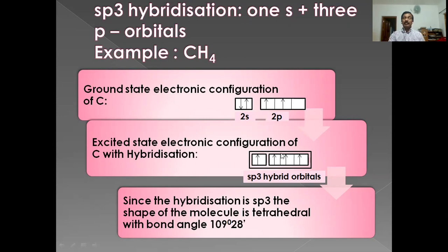And here you can see four orbitals of the same shape and energy are formed. Since all these have the same energy, this electron will enter into the fourth one.